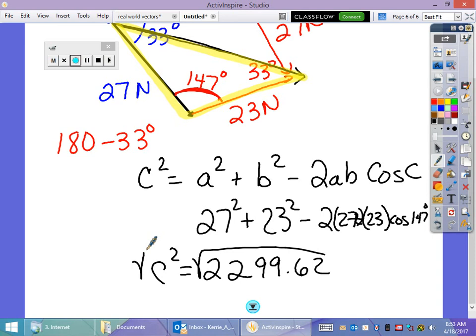When I square root it, what do I get? 47.95 is the magnitude of the resultant vector. You see the difference? Remember that with vectors, we lucked out in a previous problem because the angle in between was 90, so we could just ignore it and not make the parallelogram, but this is the true way to do it.